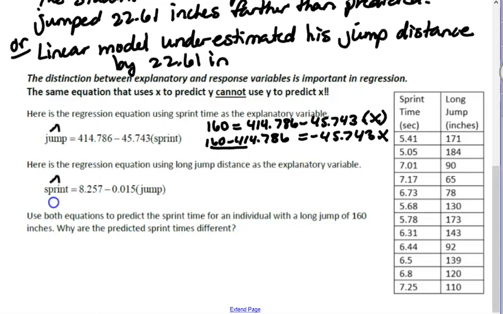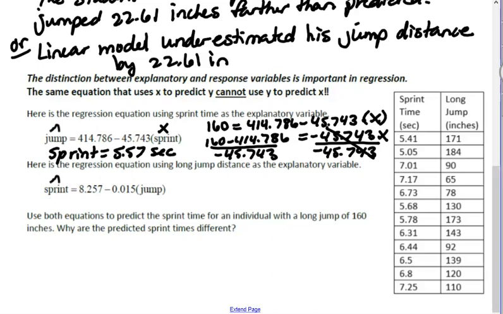Then if I divide both sides by negative 45.743, I would get x. So in this case, I would end up with the sprint time. Sprint equals 5.57 seconds.